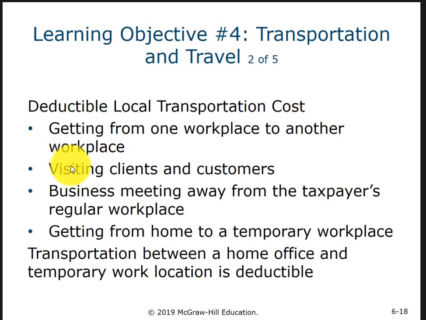So really, we're limited here to visiting clients and customers. Getting from home to a temporary workplace is only deductible for very specified folks and not a general idea. Okay, really the idea here is home office to a client location.